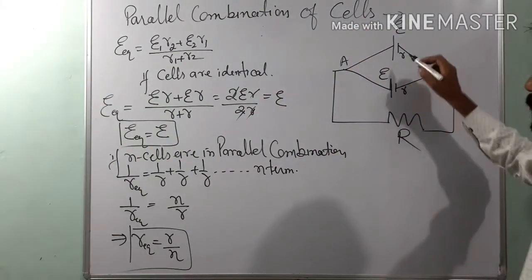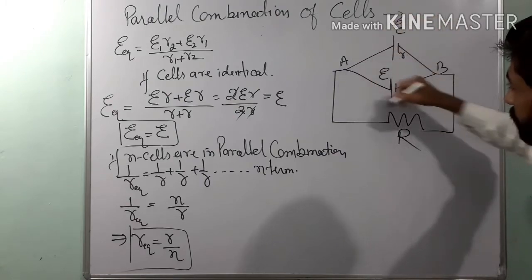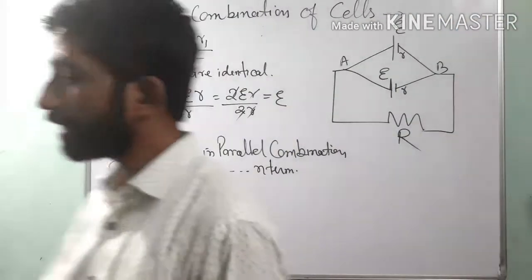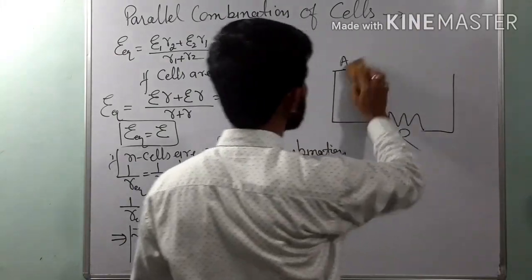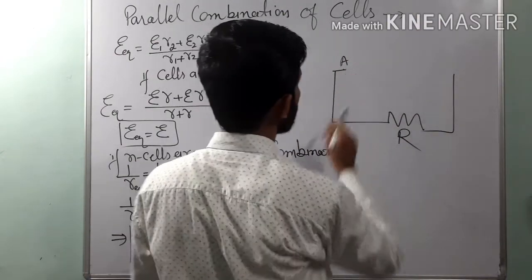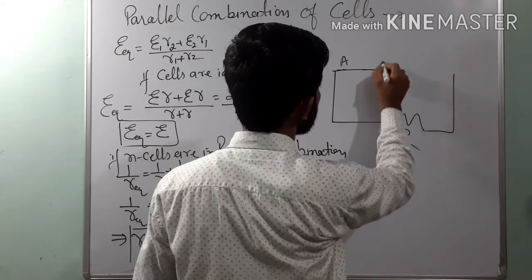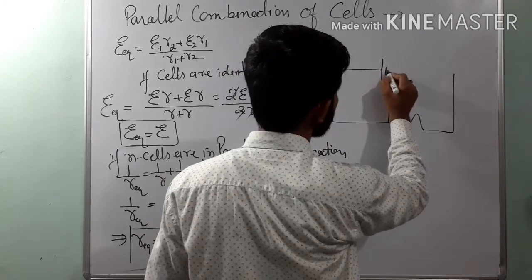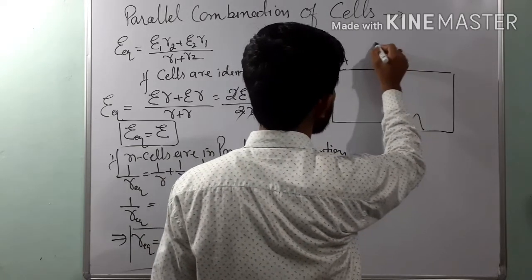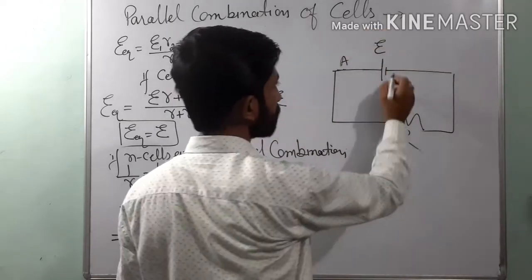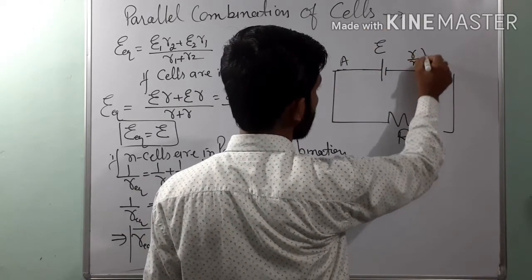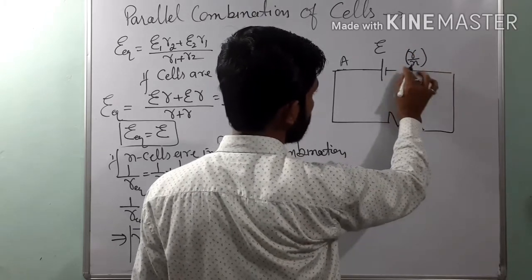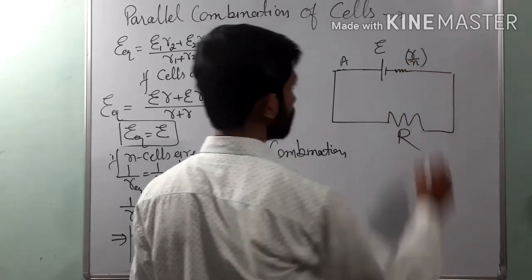Now I can say, if I replace this combination by a single cell, my next diagram will be like this. Its equivalent EMF will be E and its internal resistance is equal to R over N. Internal resistance can be shown this way.